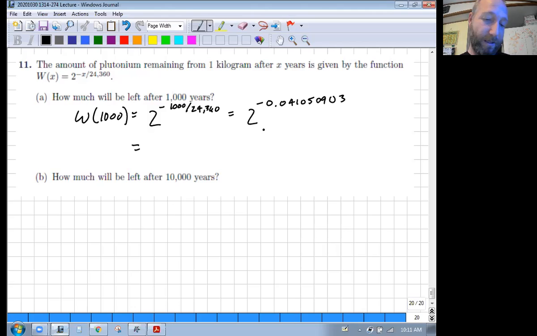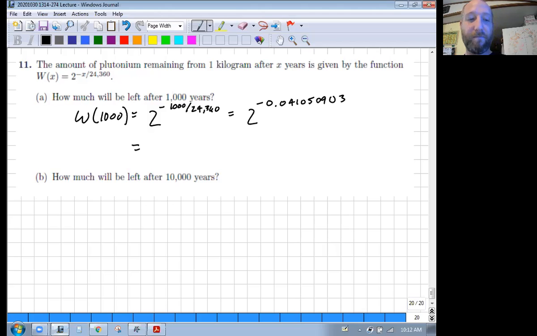So I'm going to bust out Wolfram Alpha, and I'm just going to type in 2 to the negative 1000 divided by 24360.